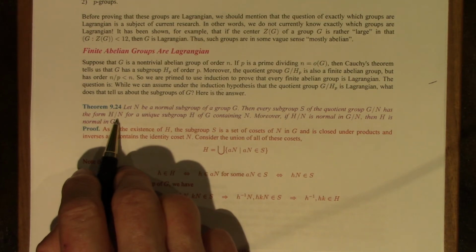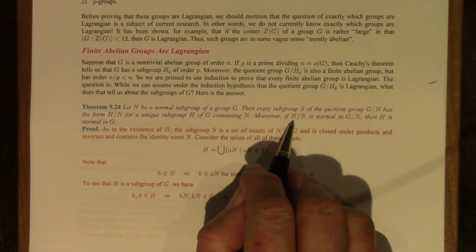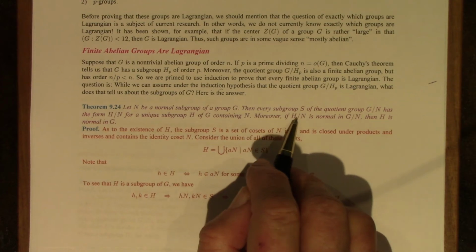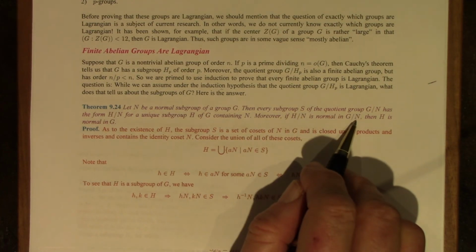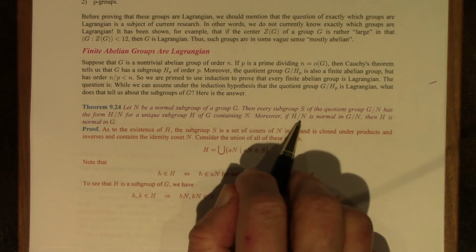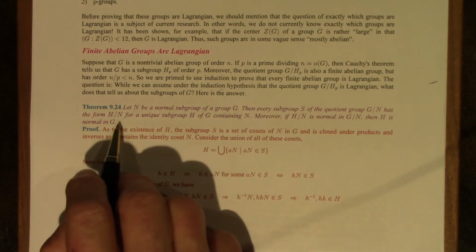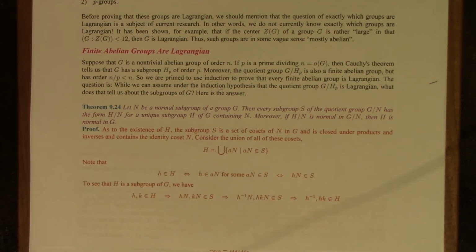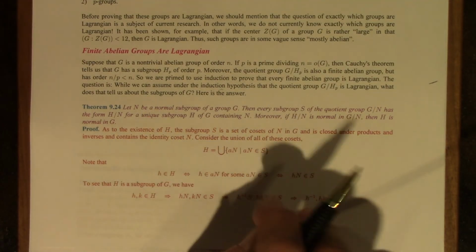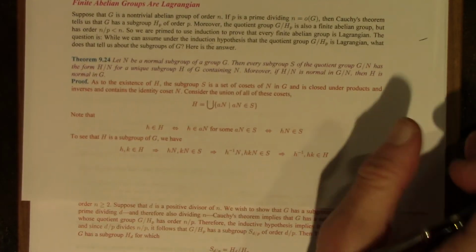In addition, if H mod N is normal in G mod N, so if the subgroup S is normal in G mod N, then H is normal in G.